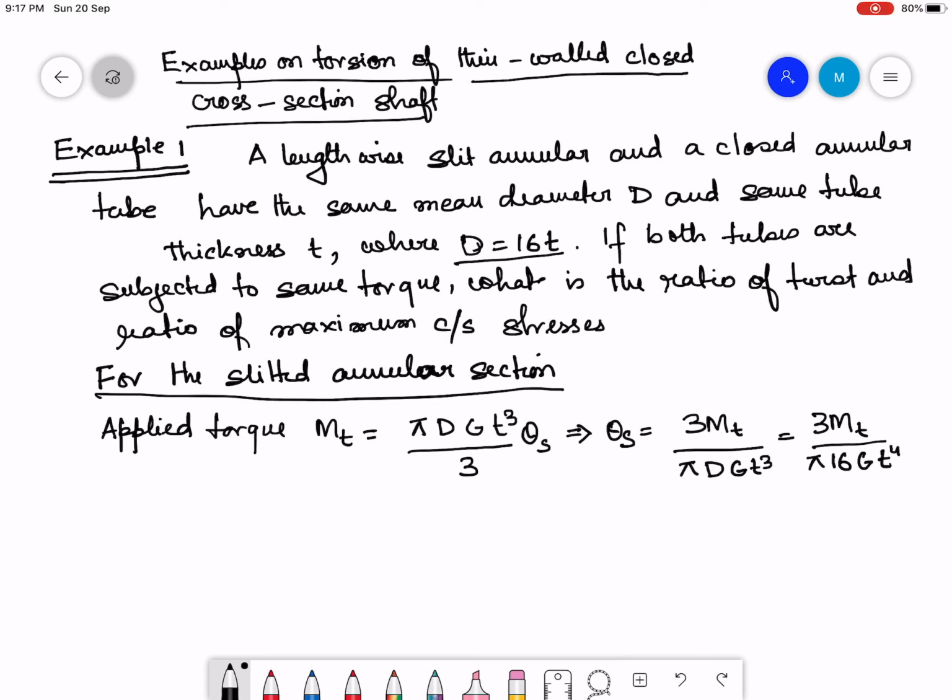So this is one thing that I have got: theta for the slitted cross section. Then let us try to find out the maximum shear stress.